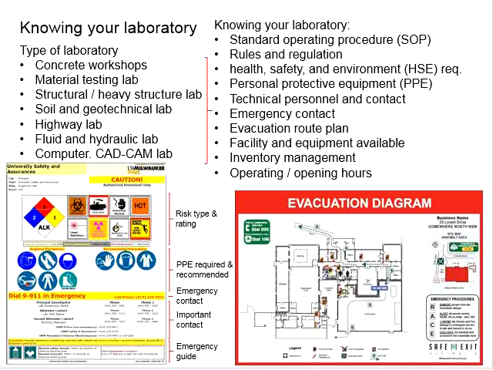Those are not for display only, and they are not for the lab technicians only. They are for everyone who is using the lab. Different labs may have different specifications in terms of the risk type as well as the rating. The PPE required or recommended may also vary slightly among different labs, depending on the type of experiment being carried out within the lab.